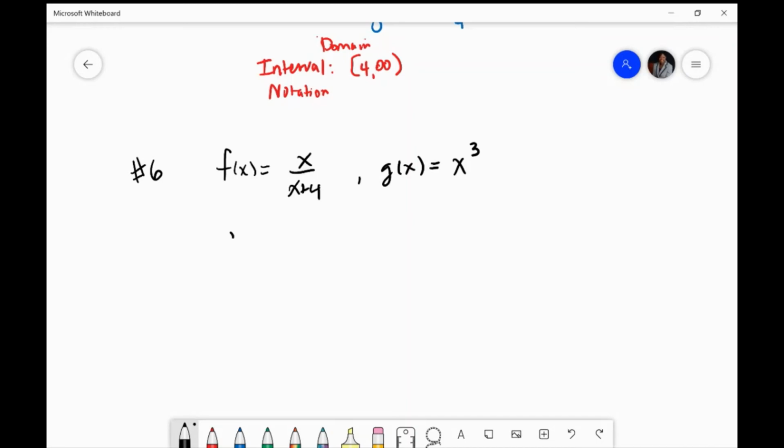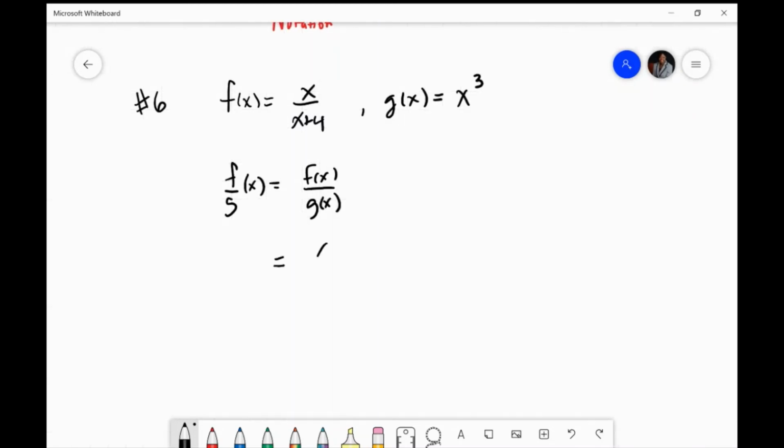So f over g of x is, again, f of x over g of x. So this means it's x over x plus 4, then over x cubed, right?